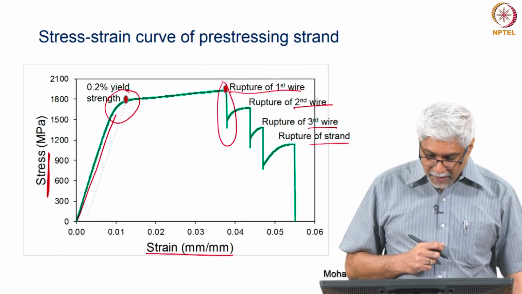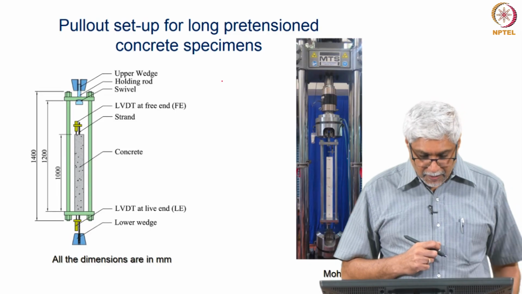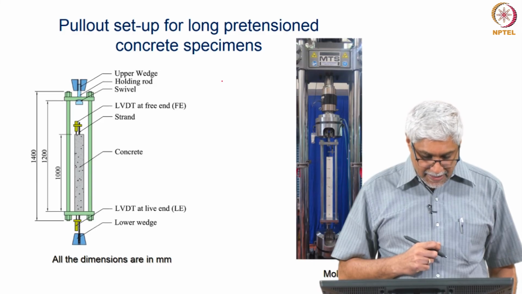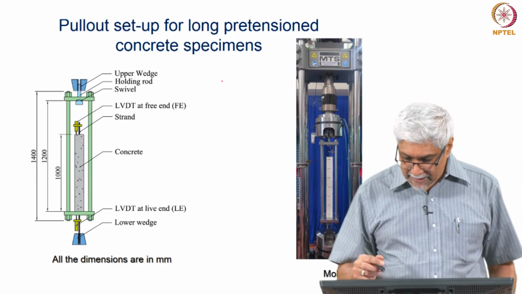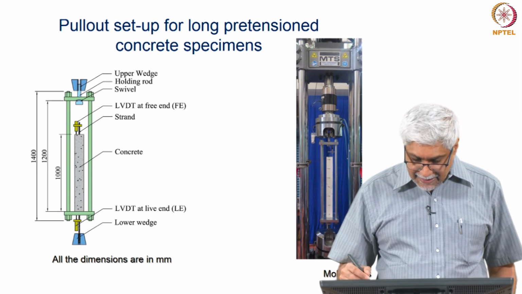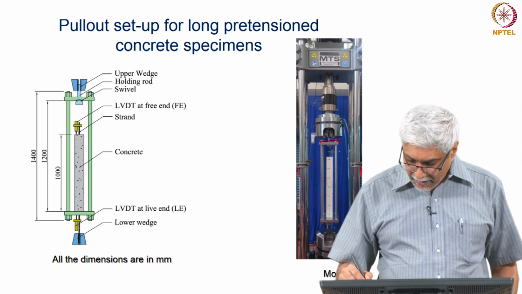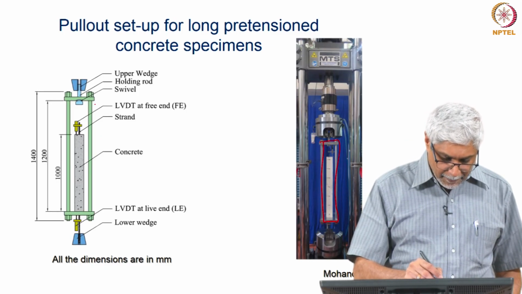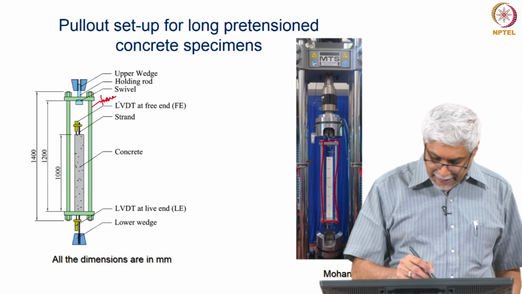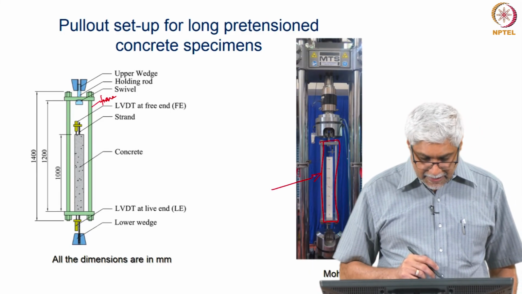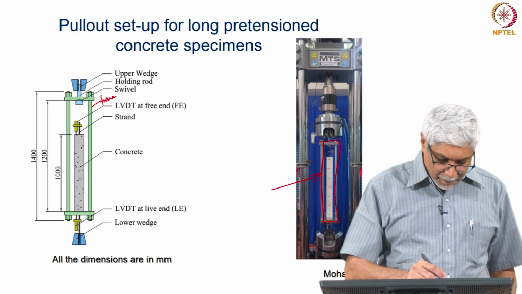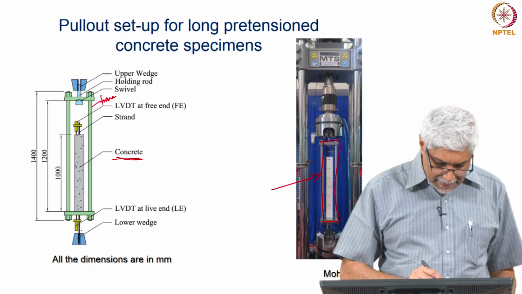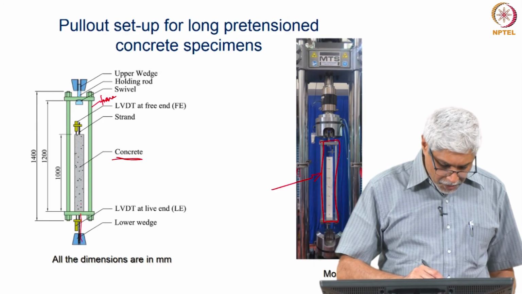An extension of Prabha's work was to look at the pull out of pre-stressing strands from concrete. This is the same machine, but here instead of just the strand, what she is doing is holding a small frame, which is attached here in the testing machine, and we have a block of concrete. Inside this concrete there is a strand, you can see the strand projecting here.